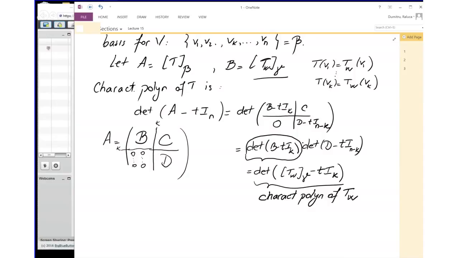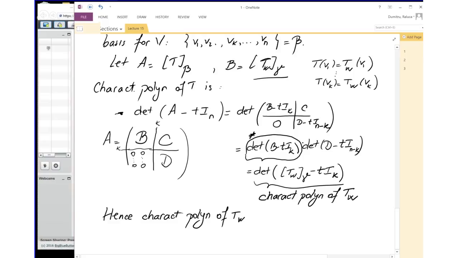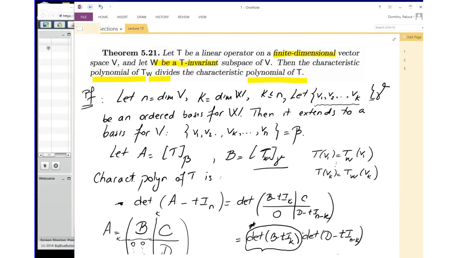All right, so what have we proved? We started here with a characteristic polynomial of T. We ended up with a product between this, which turned out to be the characteristic polynomial of T_W, and something that I don't know what it is, but it doesn't matter because this actually proves that the characteristic polynomial of T_W divides the characteristic polynomial of T. And that is exactly what we needed, right?